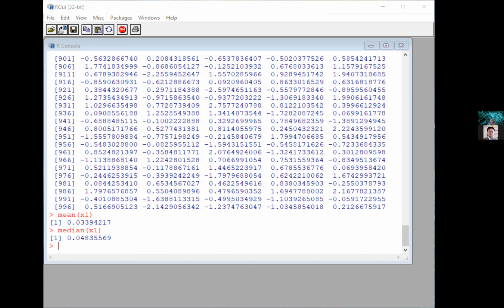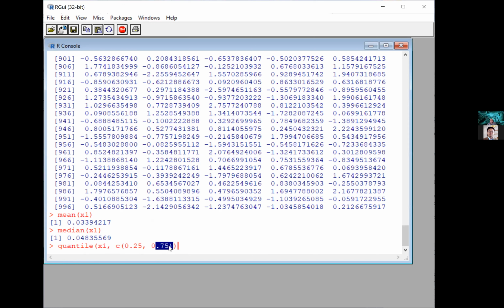Now, if I want to calculate its 25th and 75th percentiles, you use the quantile function in R. So quantile of X1, which is the data set, 25th percent, 75th percent. You have to change it to decimals.